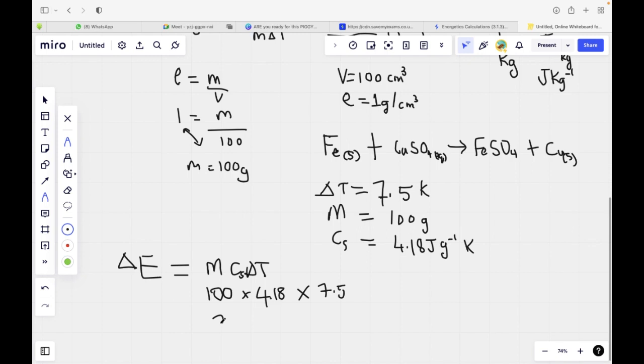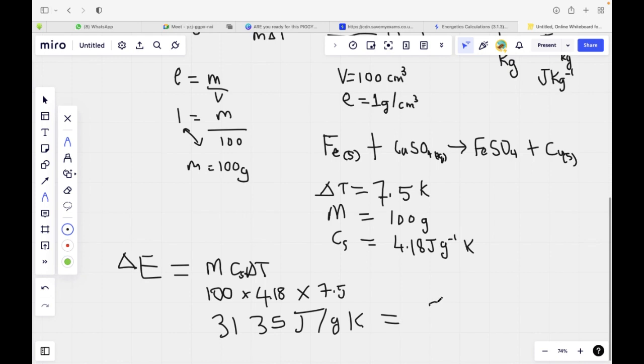We get 3,135 joule per gram per Kelvin, which, remember, they say we should leave our answer in kilojoules.